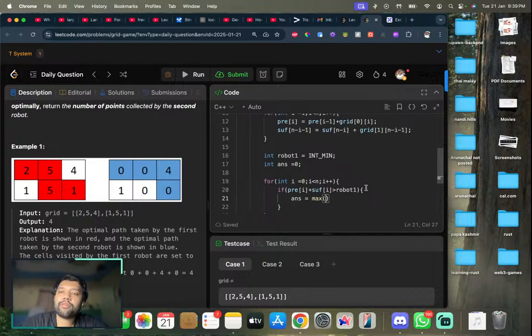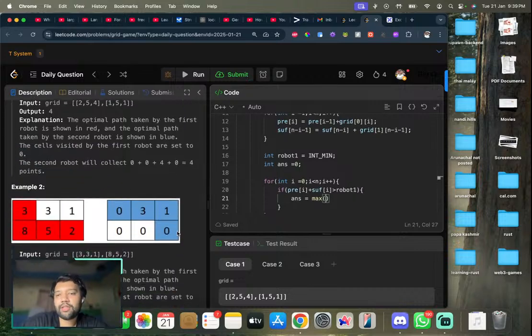What if it is the last index? That will be an edge case.